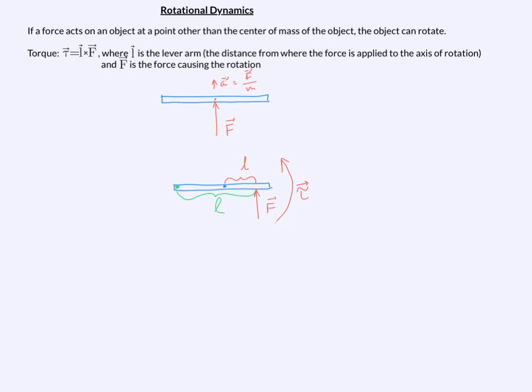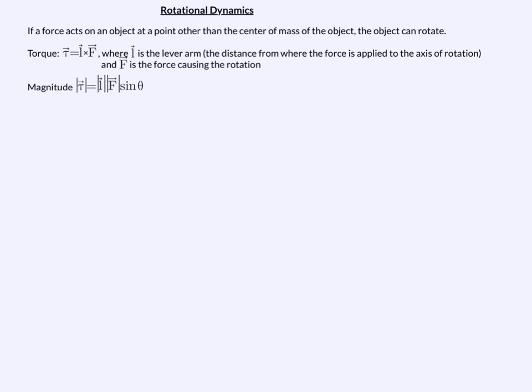So that's the magnitude of the torque. And the direction is the one that I illustrated here. This object will rotate in that direction. So here we have the magnitude of the torque. As I said, it's the product between the magnitudes of the lever arm and force, and also the sine of the angle between the two.